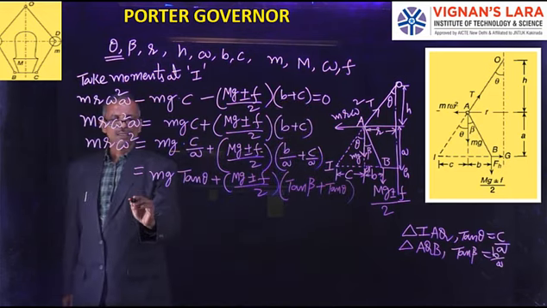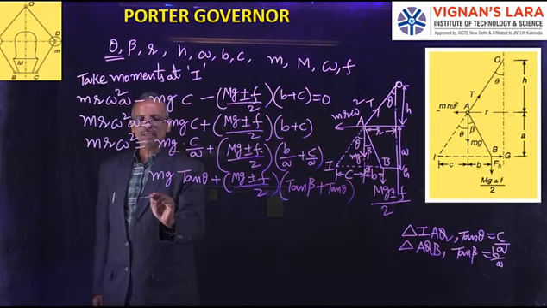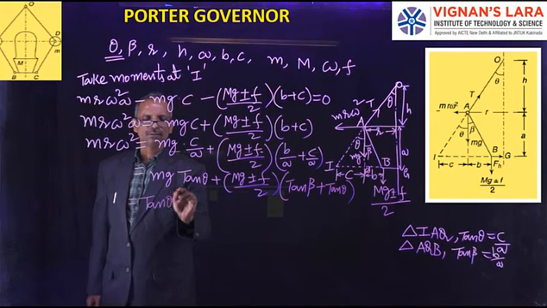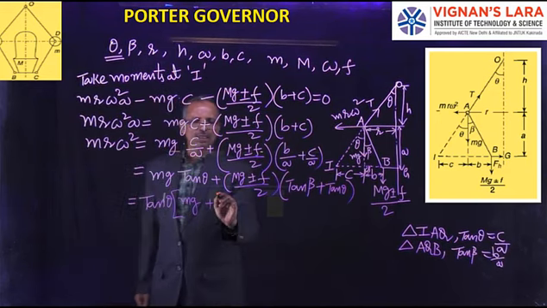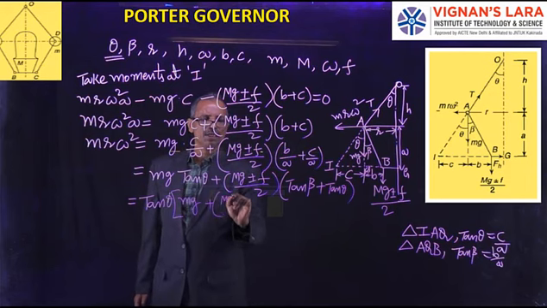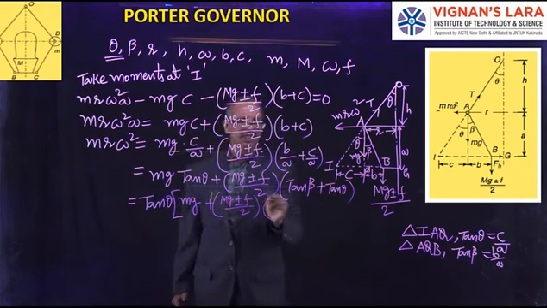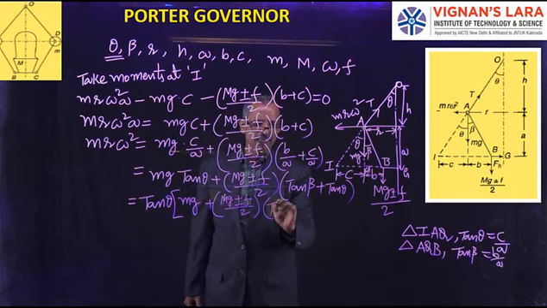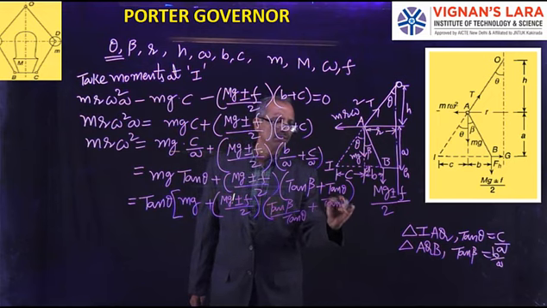Then let me take tan θ as common. Then mg, into (mg ± F/2) into, I can write tan θ common, then tan β by tan θ plus tan θ by tan θ.